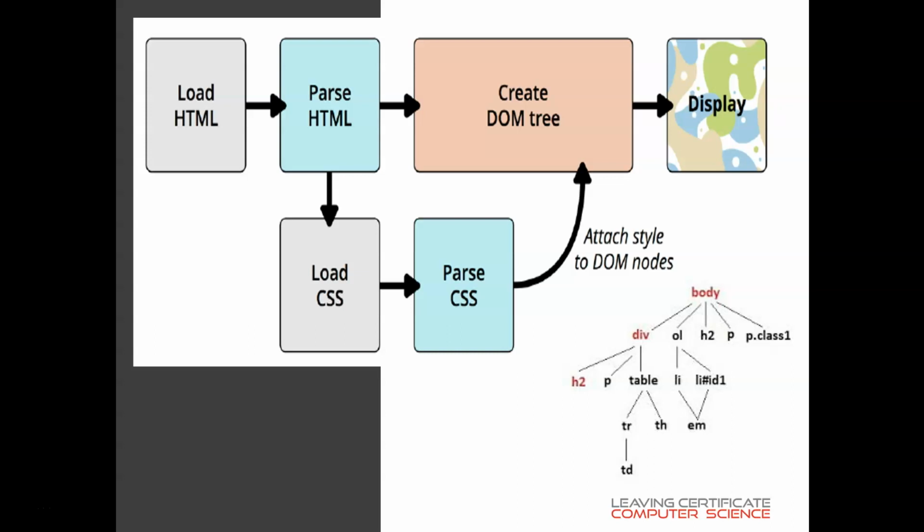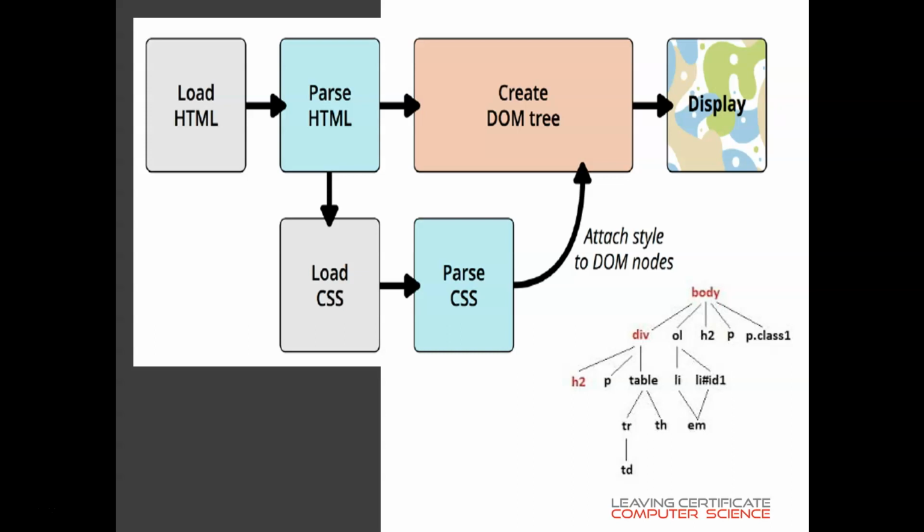The browser will load the HTML into the computer's memory, and it will convert that and the CSS into what's called the DOM, the Document Object Model. It begins by loading the HTML, and then it parses it into its various elements, and it creates a tree-like structure using those different elements.